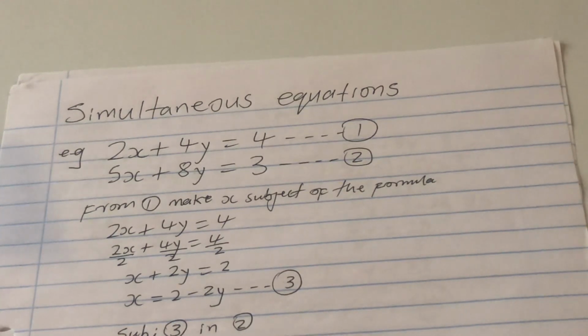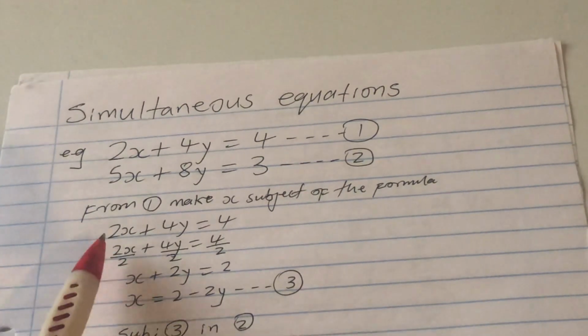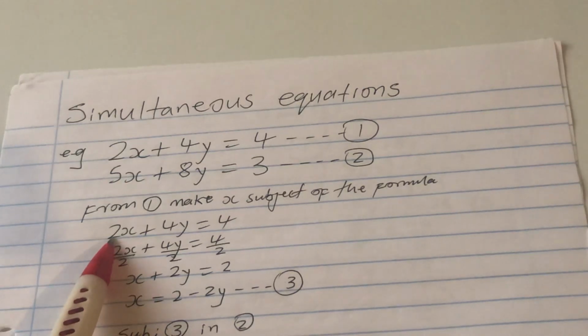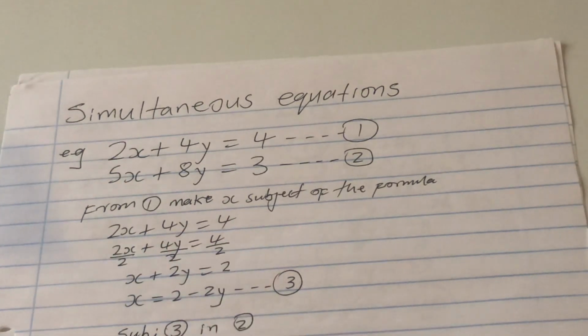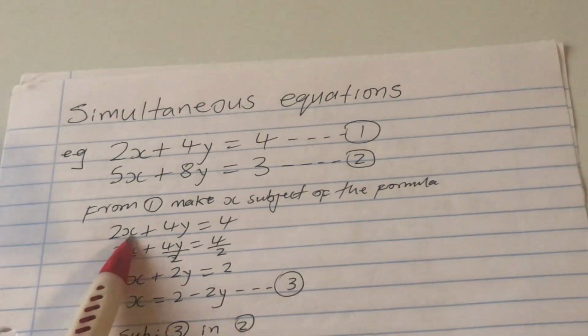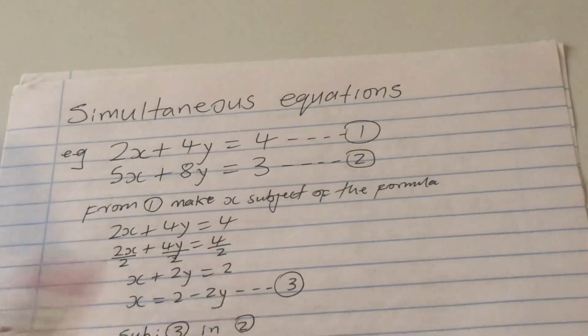If I use that number, I can reduce 2 and 4 and another 4. In this case, the highest common factor is 2. It means that I'm going to divide all these terms by 2, like what I've written here.